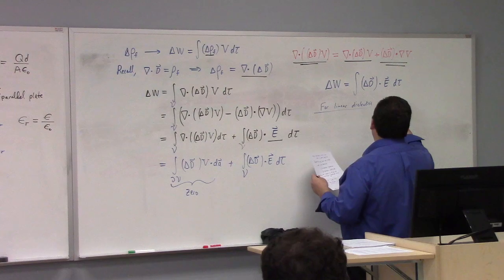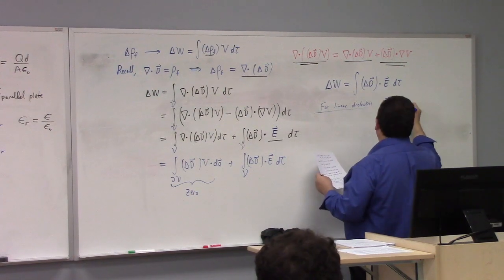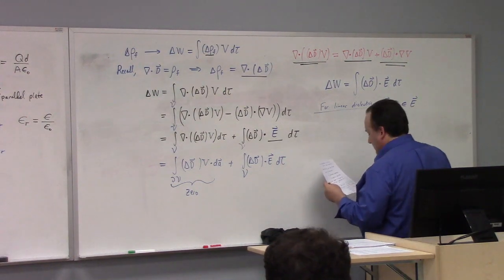we have that the electric displacement is epsilon times the electric field.